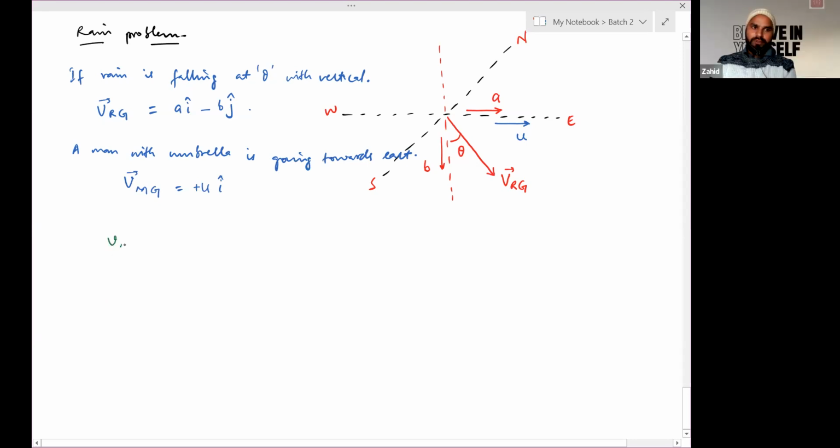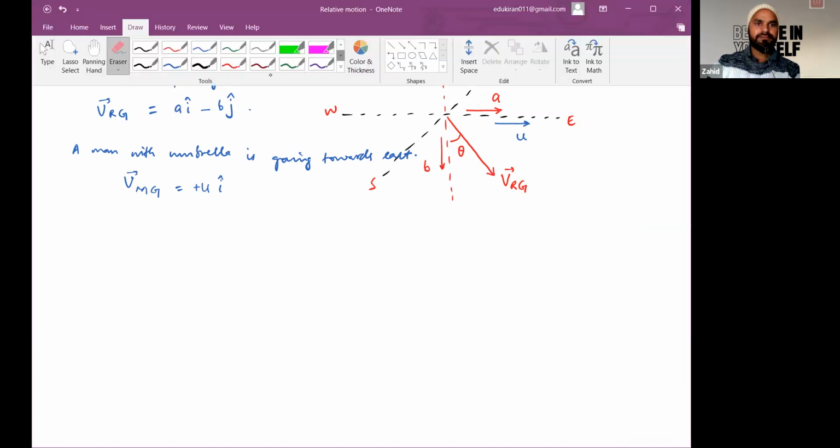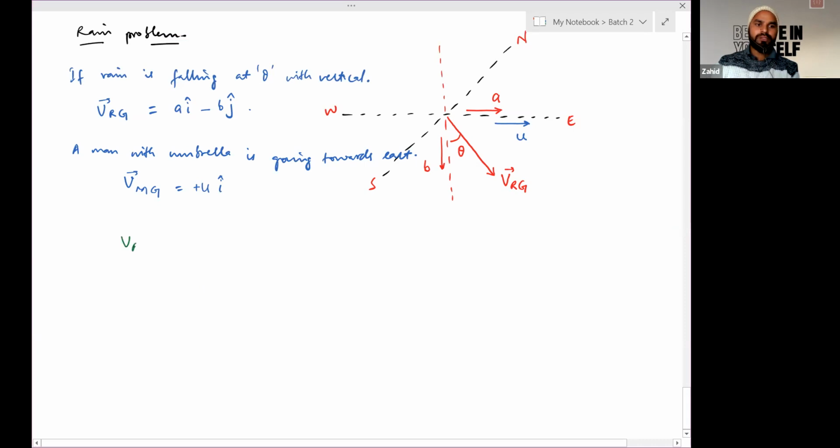If you take velocity of man with respect to ground minus velocity of rain with respect to ground, you'll get... suppose I'm taking the reverse of it: velocity of rain with respect to man.